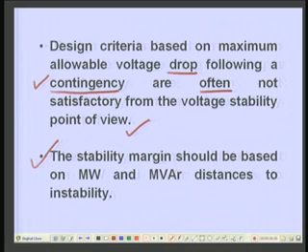That is, the stability margin should be based on megawatt and MVAR distances to instability. That is, how much real power and reactive power increment can be put on the system till instability occurs. Actually, I have already discussed the minimum distance to instability. Therefore, the criterion should be that we must design our system so that there is a minimum inbuilt voltage stability margin.